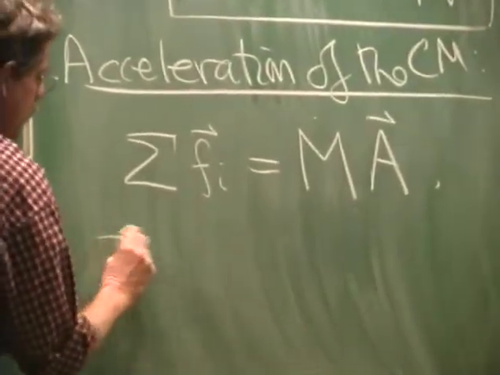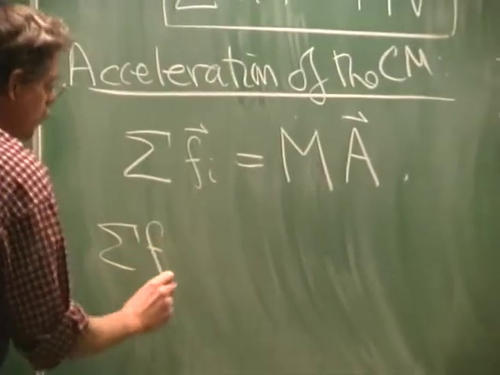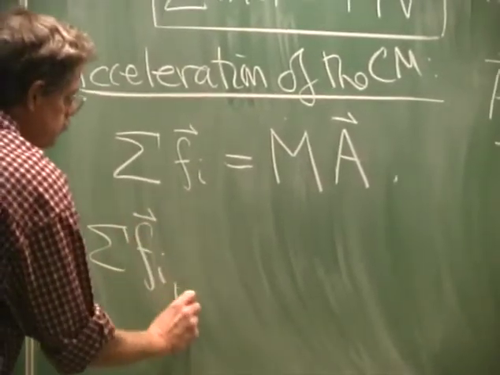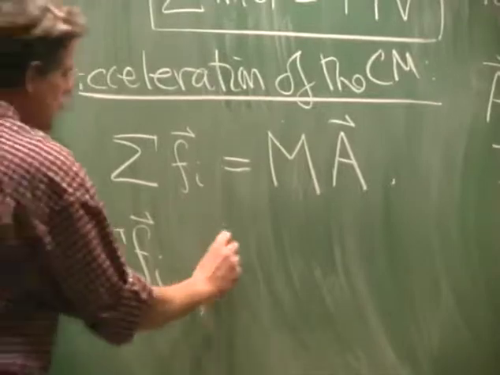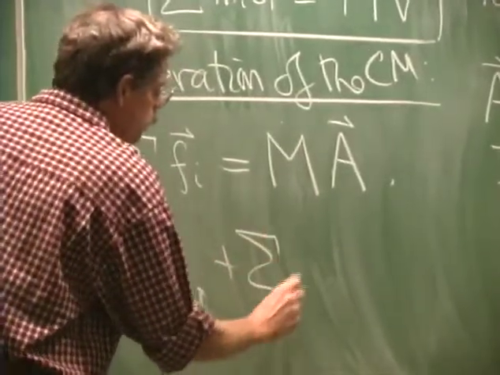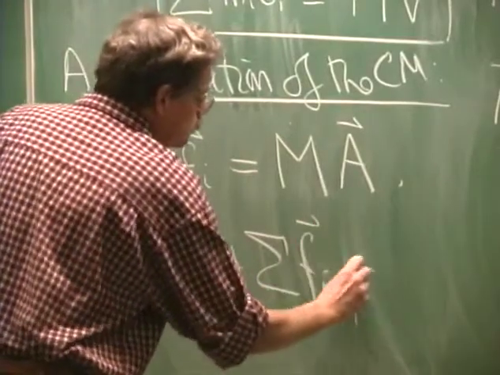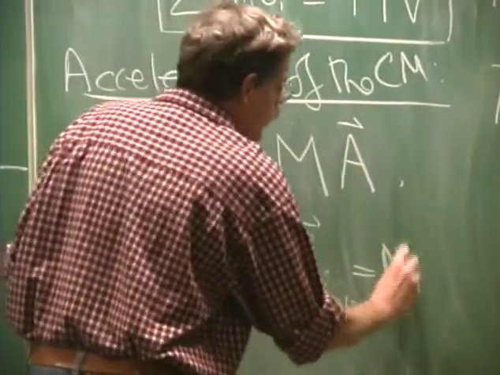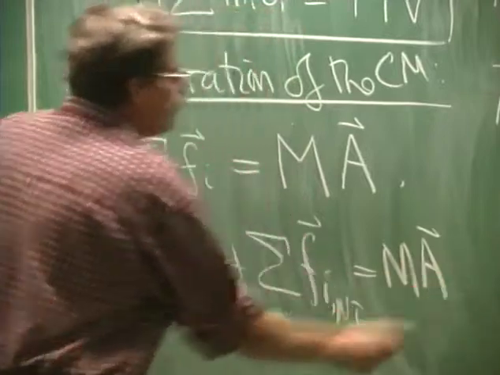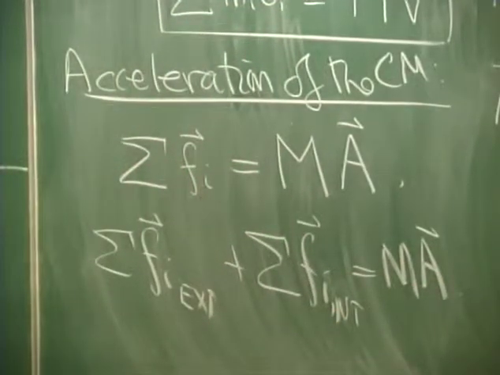This is going to be the sum of the external forces plus the sum of the internal forces. And the whole thing is equal to the total mass times the acceleration of the center of mass.